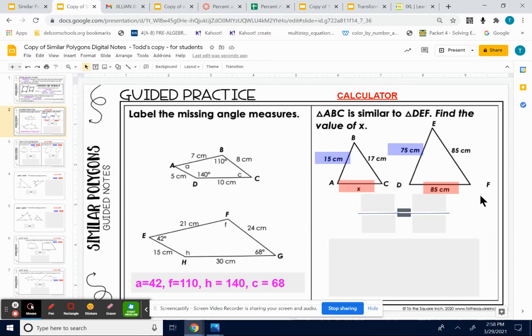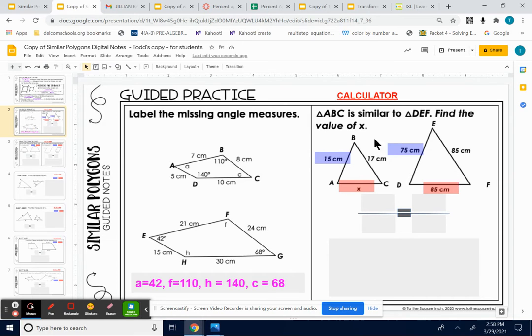So if we know that 15 corresponds to 75, and we know that x is corresponding to 85, we can use that to find a proportion. And the way I'm going to suggest you guys do it is just go blue over blue equals red over red. 15 over 75 equals x over 85.